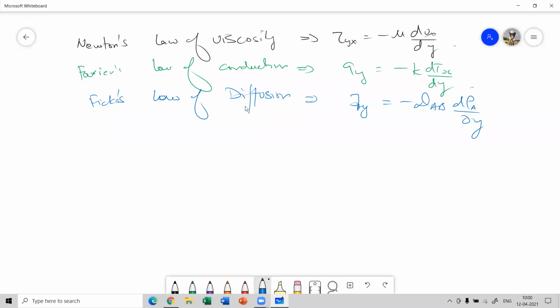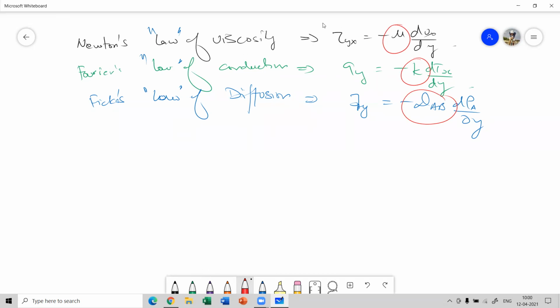If you look at all these laws, these are basically not the laws, these are basically the defining equations for viscosity, for thermal conductivity, and for diffusivity. These are the defining equations for these particular terms.